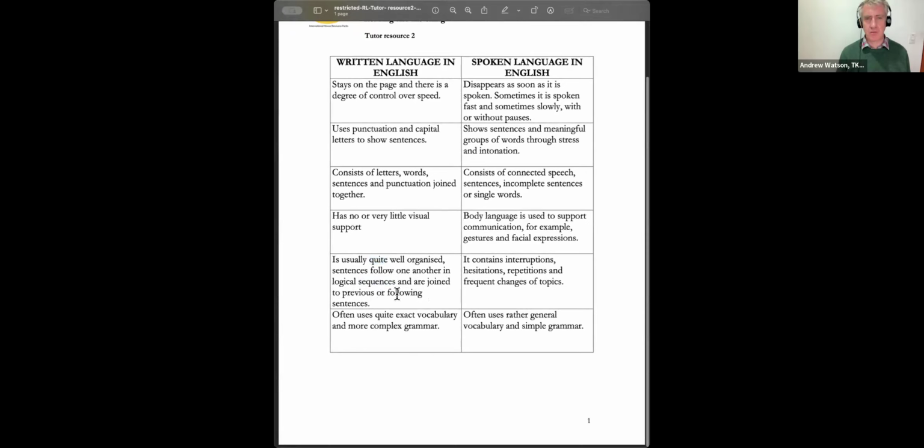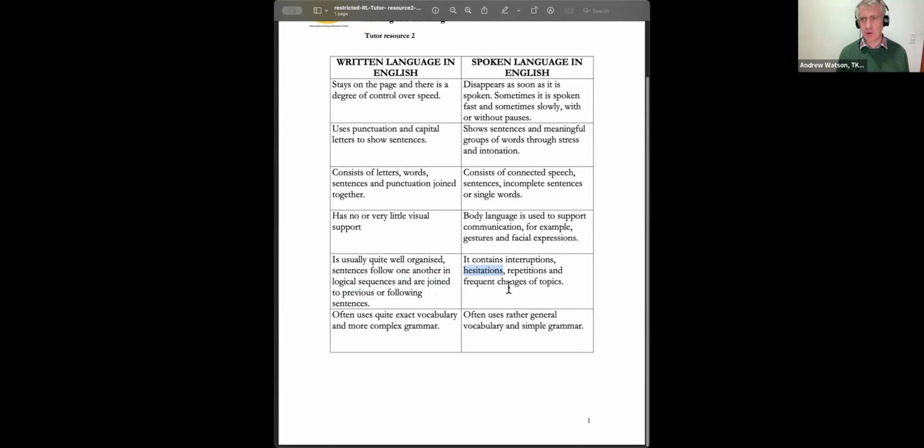Written language is usually quite well organized. Sentences follow one another in logical order, adjoined to previous sentences or following sentences using connectors, conjunctions, and so on.